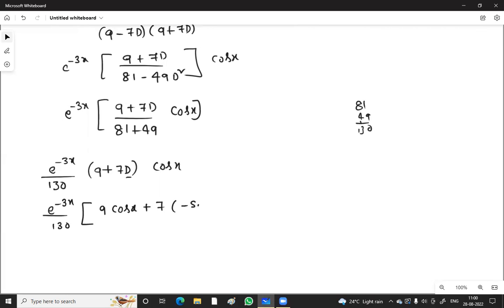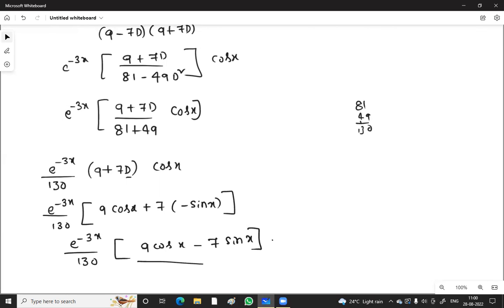Cos x differentiation is minus sin x. That's it. It means e to the power minus 3x over 130 into (9 cos x minus 7 sin x). No D terms remaining. So this is the final solution of part 3.